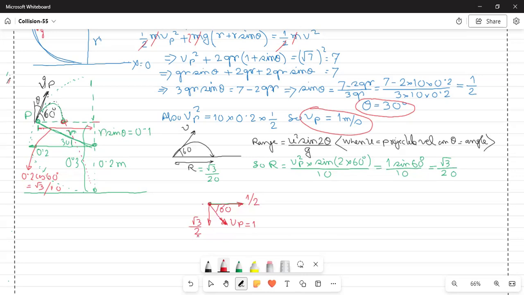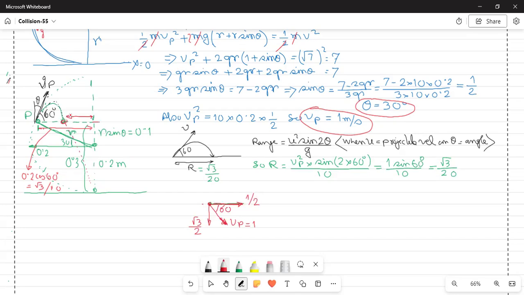And when we find the time, we multiply that time with the horizontal component of the velocity, half, and we shall find out how much distance it covers. It is as simple as that, right?